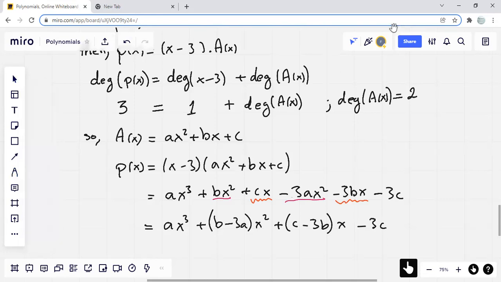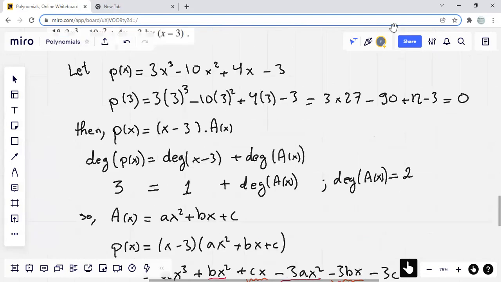Now, how do you find these unknowns a, b, and c? We have to equate this polynomial that we got here with the original p of x.